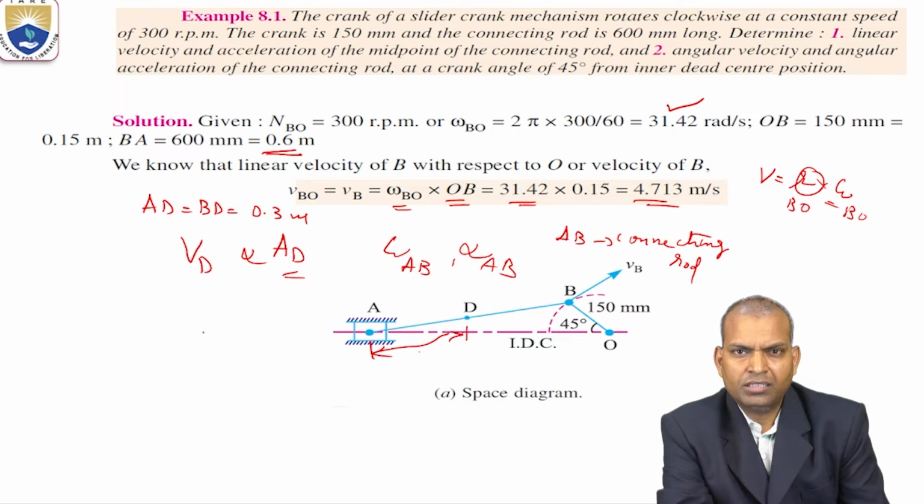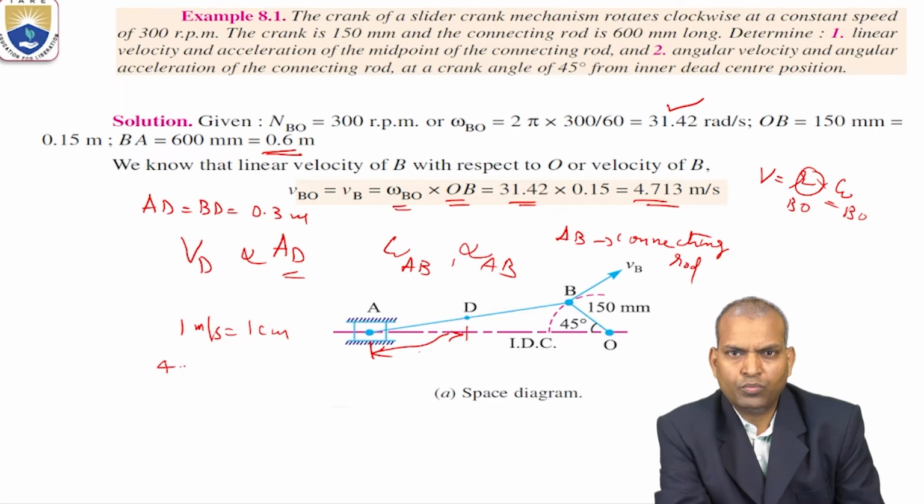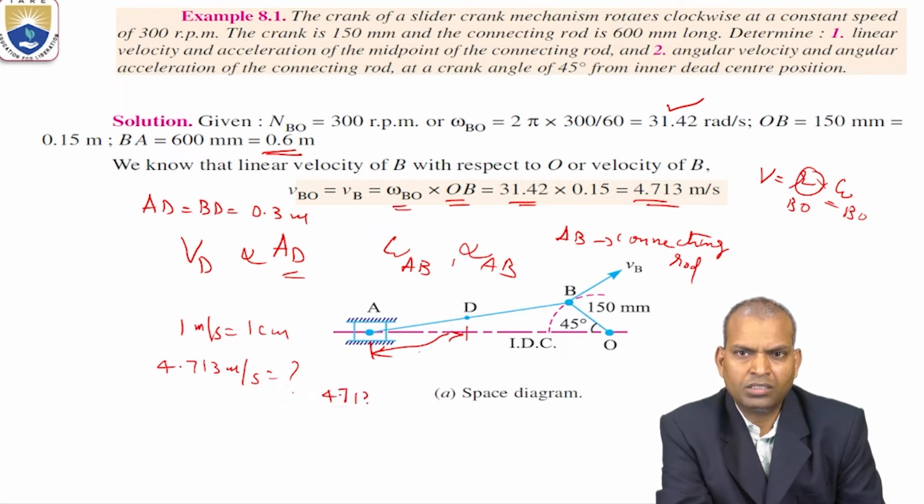We know the value of velocity of B, that is 4.713 meters per second. Consider the vector scale, that is 1 meter per second equal to 1 centimeter. Then 4.713 meters per second equals how many centimeters? 4.713 centimeters will come.